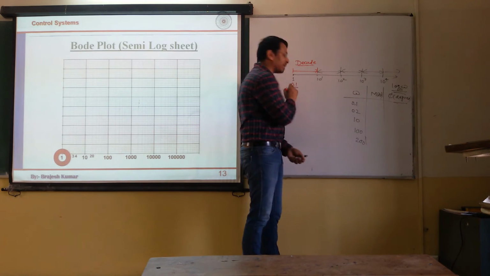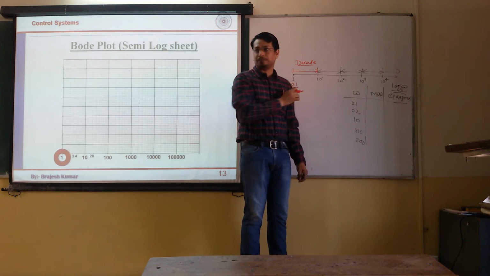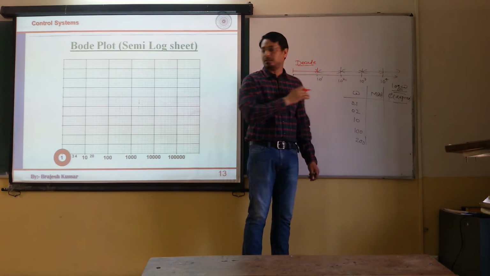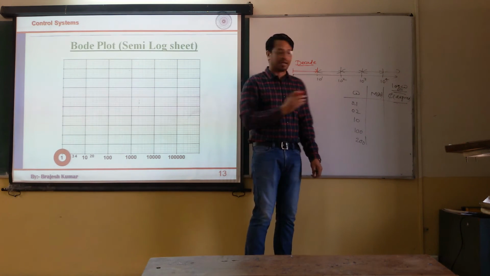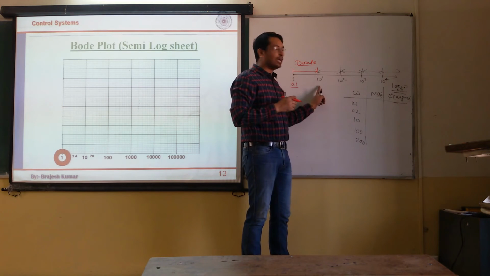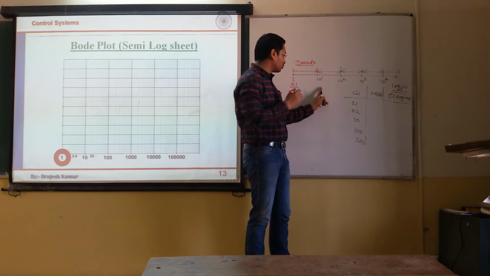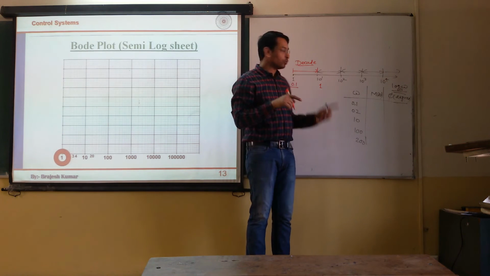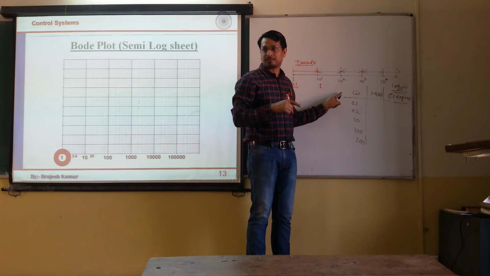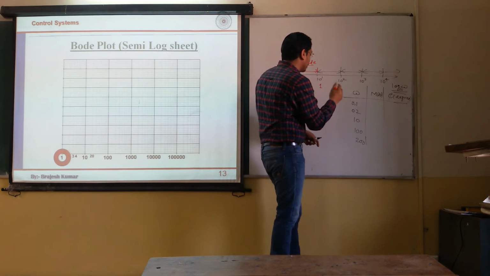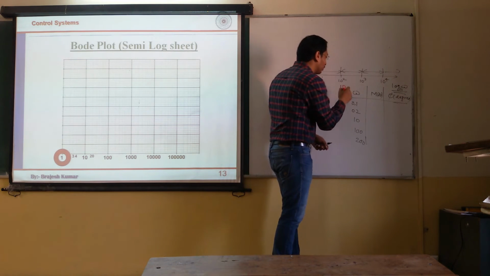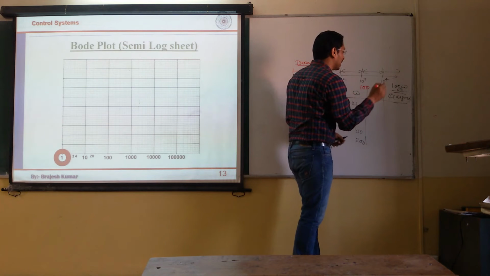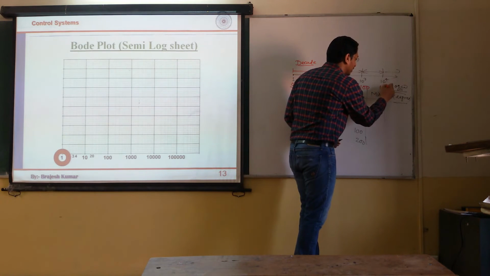You will write with a pencil below this margin and scale that this is 0.1. This next point will be 10 times 0.1, so it will become 1 for your graph. Correct? So you have to choose this suitably. This will become 10 for your graph, this will become 100, and this will accordingly be 1000.